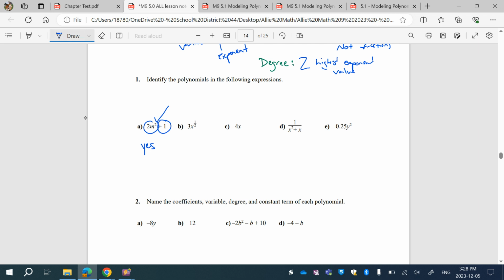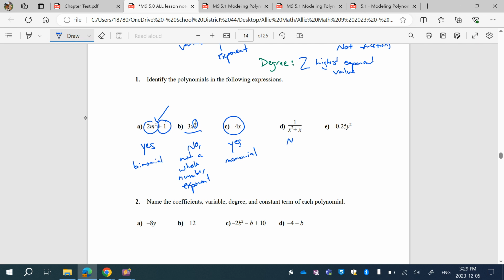Next, this one has a non-whole number exponent, so no. This one is a yes. It has 1 term, and this one would be called a monomial. And this one is a binomial. It has 2 terms.